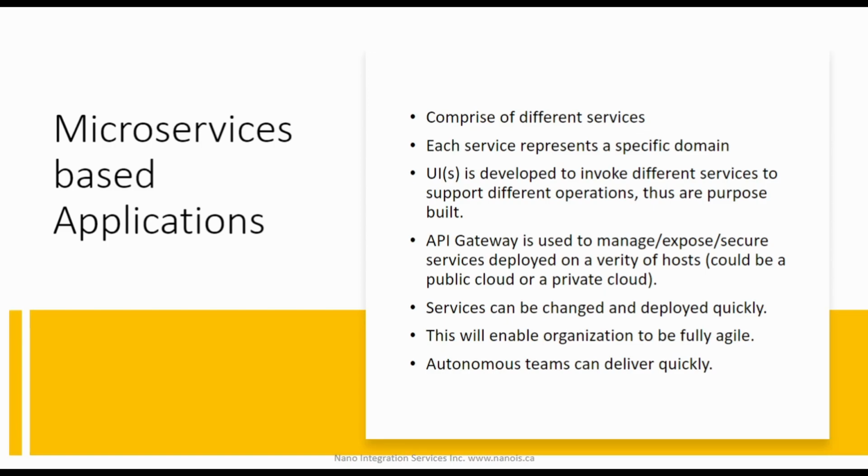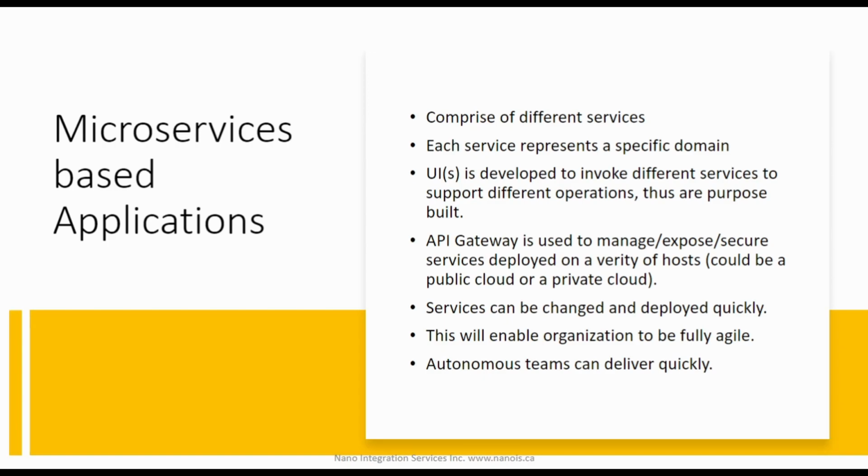An API Gateway is used to manage, expose and secure services deployed on a variety of hosts. These hosts could be in the public cloud or in private clouds. And the API gateway is the one where all the interaction will be taking place. We'll discuss that in a short bit. Services can be changed and deployed quickly. That's the nature of those services.